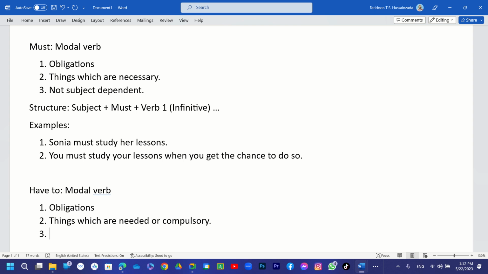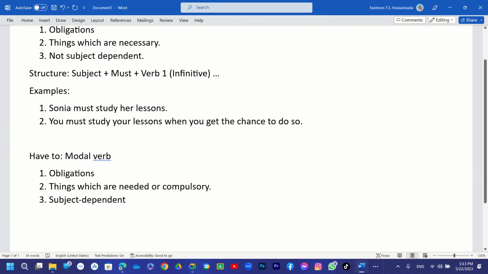But one problem that have to has is that it is subject dependent. So the form that it takes is dependent on the subject that comes before it.